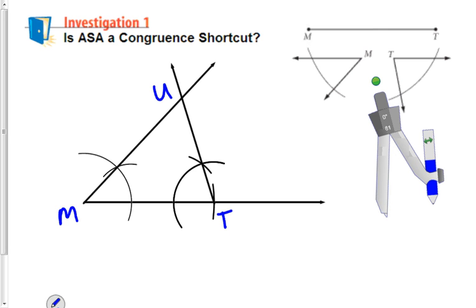So what I conclude is angle, side, angle. When I have two pairs of congruent angles and a pair of congruent sides where the side is the included side, between the two angles, then this is enough information to conclude the two triangles are congruent.